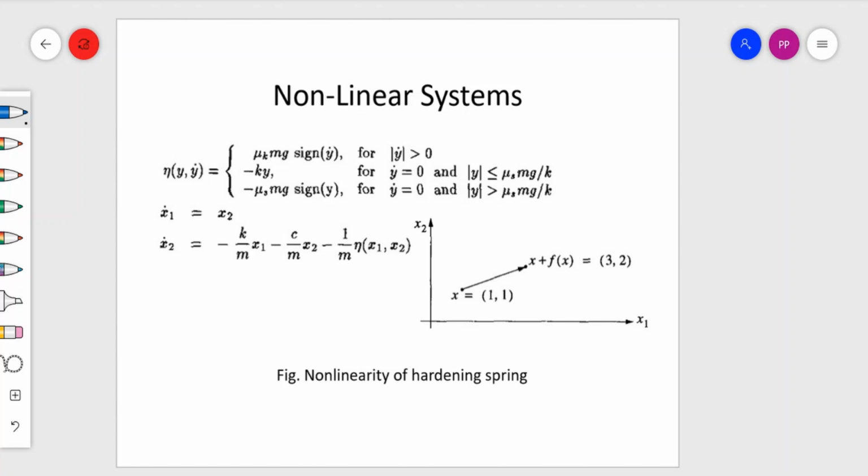So here you can see on the top a function which is basically representing the spring condition for different values of y dot, that is dy by dt.